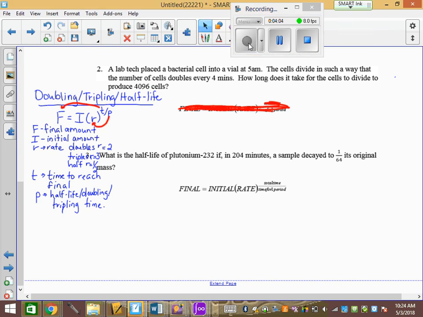They don't distribute there. That's just what the time goes to. So P is the time it takes to half, double, or triple. So if it says to you it has a half-life of 4 hours, that means every 4 hours the amount you have is halving. Or if it says it doubles every 4 hours, the amount you have every 4 hours doubles. So it's going to get large fast, right?